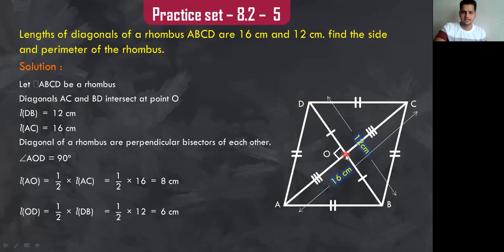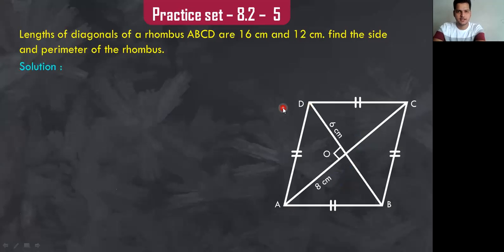Length of segment OA is 8 centimeters. Length of segment OD is 6 centimeters. Now, what we were supposed to find out in the question? We are supposed to find the side and perimeter of the rhombus.